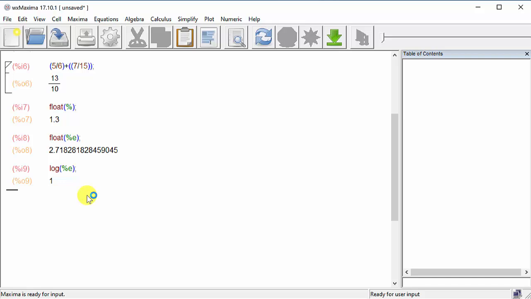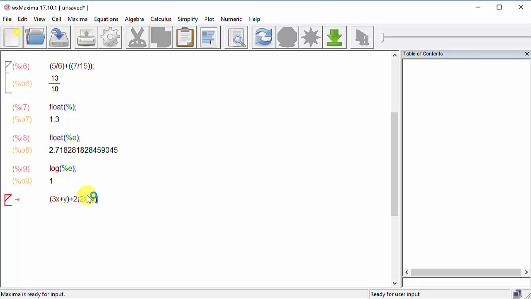Let's simplify an expression. What if we have the expression 3x plus y, and we want to add 2 times 2x minus y?